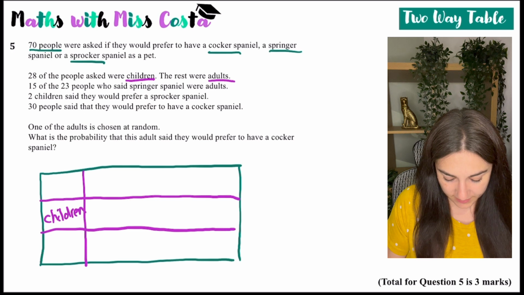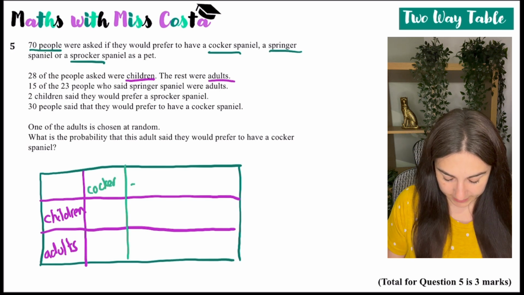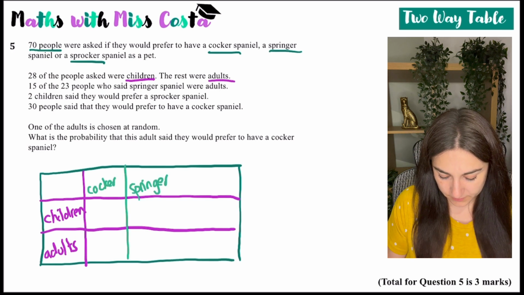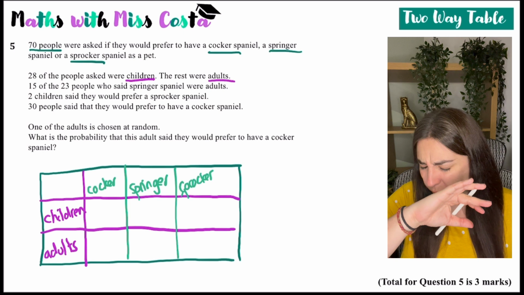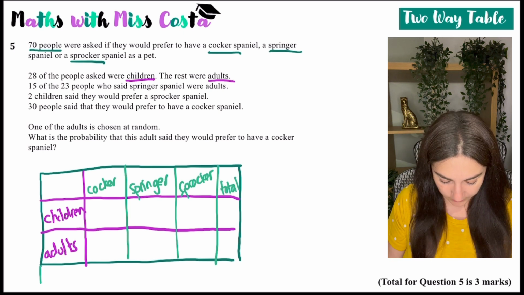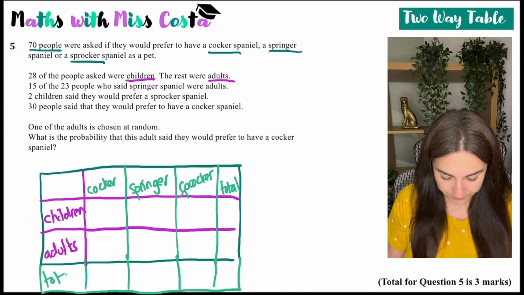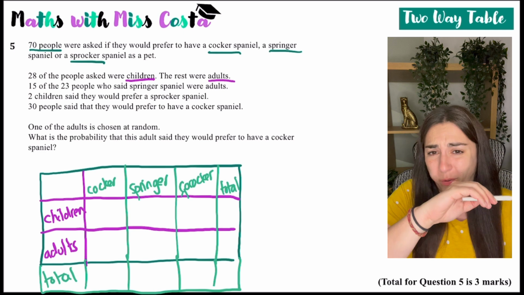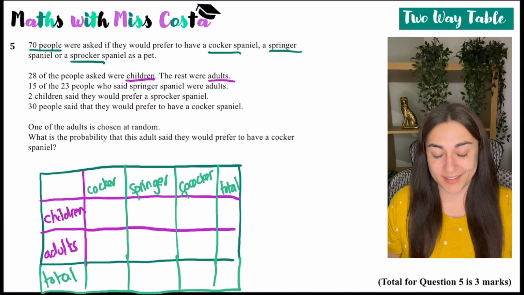There's children and then there's adults, and they had the choices of picking from a Cocker Spaniel, a Springer Spaniel, or a Sprocker. And then with a two-way table, you always just want a total column as well. Sometimes it doesn't work out, so just add it on underneath. With a two-way table, you can organise your information so much more simply.